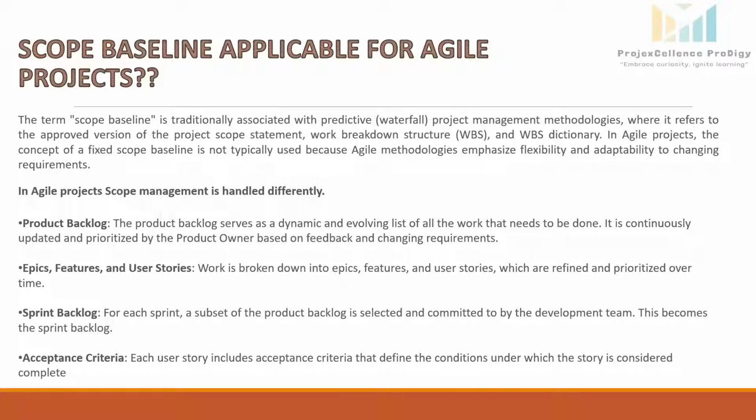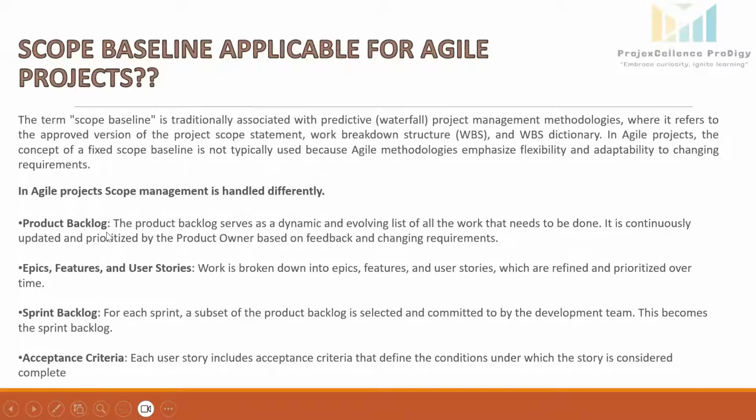Instead of setting fixed scope, agile allows for constant feedback and adaptation, adjusting to changes in customer needs or priorities throughout the project. In agile projects, scope management is handled differently.